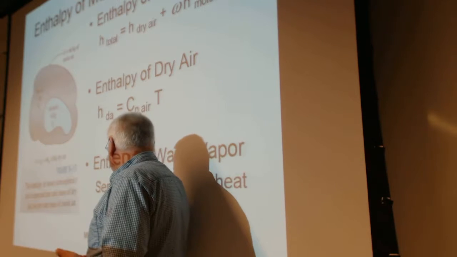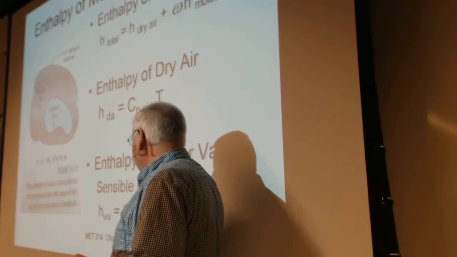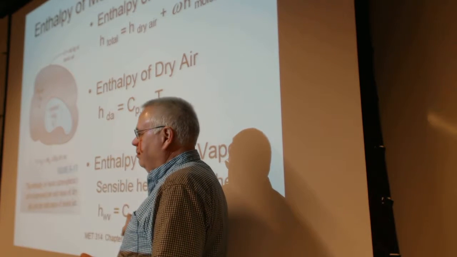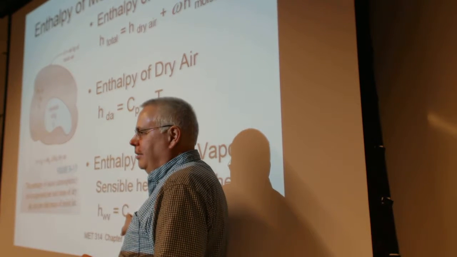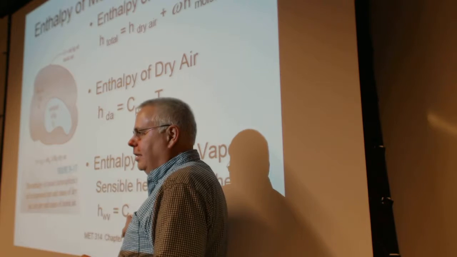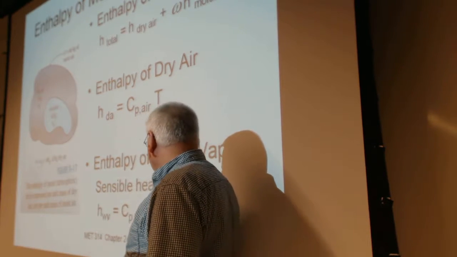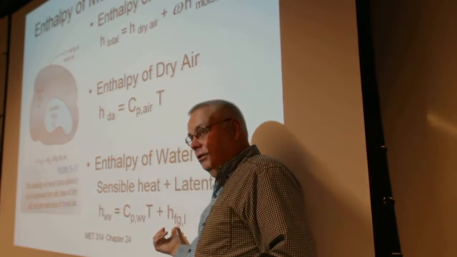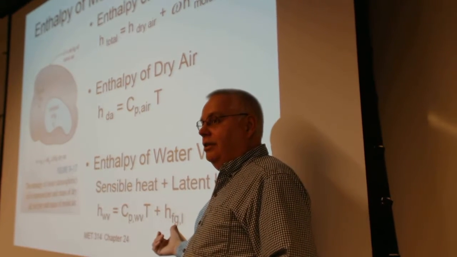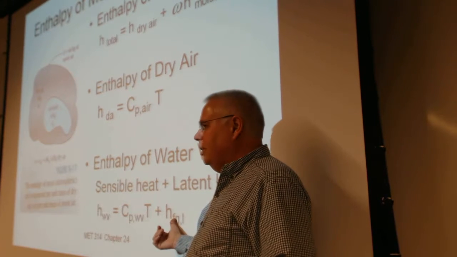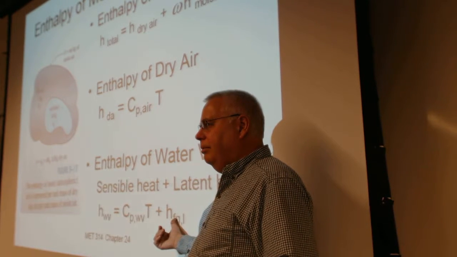For the water vapor, there's a C sub P times a delta T plus HFG. This number might be, I don't know, 1 or 4 kilojoules per kilogram. This number is like 2,000. That's why it's the 800-pound gorilla. Or maybe it's 1,000, 2,000 kilojoules per kilogram, I think.